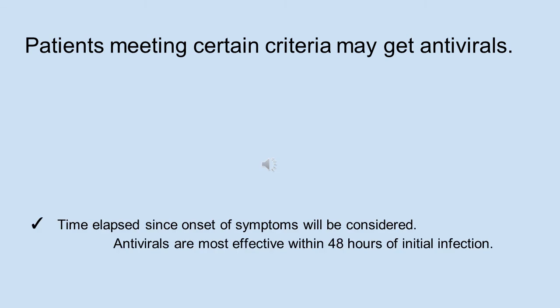Antivirals are most effective within 48 hours of initial infection, so time elapsed since infection onset may be considered. If the antiviral is highly toxic, the provider may consider which is worse, the disease or the toxicity.